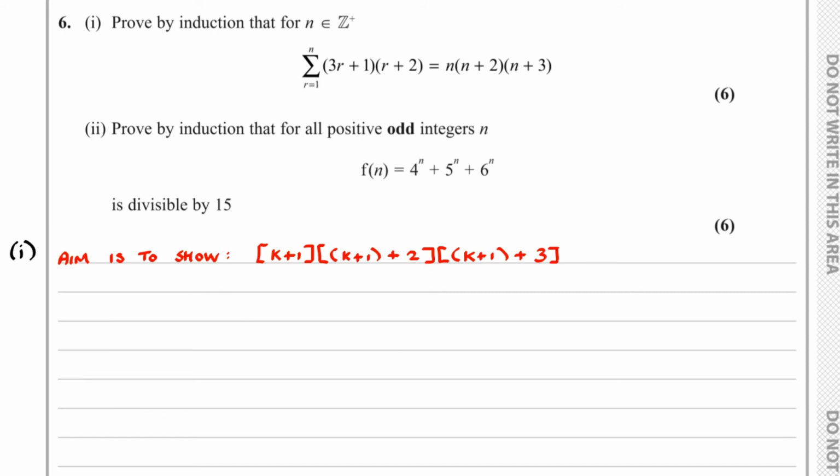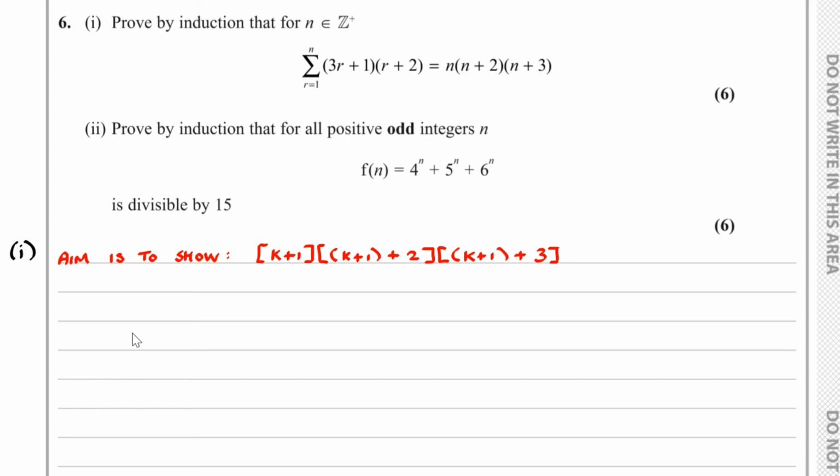So, if we replace every n with a k plus 1, we've got k plus 1 lots of k plus 1 plus 2 lots of k plus 1 plus 3. This is what we want to show somehow.